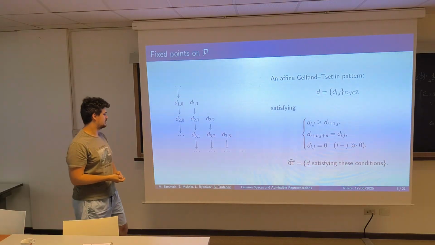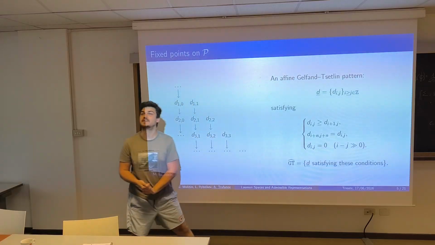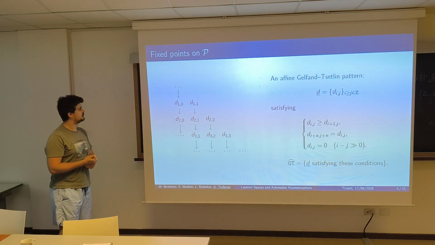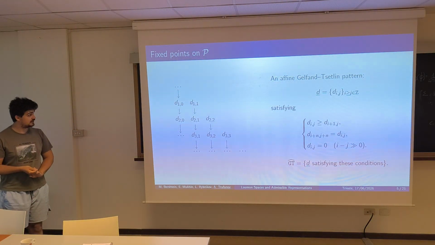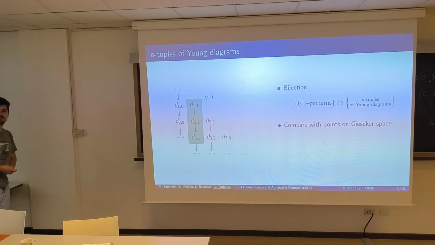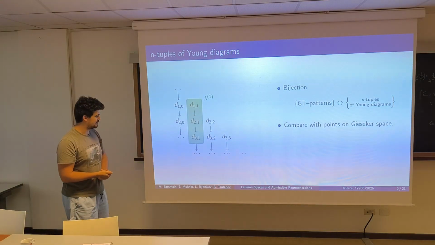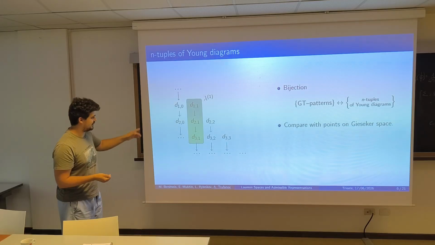That's it. And I denote the set of all these affine Gelfand-Tsetlin patterns by GT with a hat. This is what enumerates our points. If you are used to Gieseker, you maybe would like to describe this a little bit in other terms, in terms of n-tuples of Young diagrams. So here you can see them.